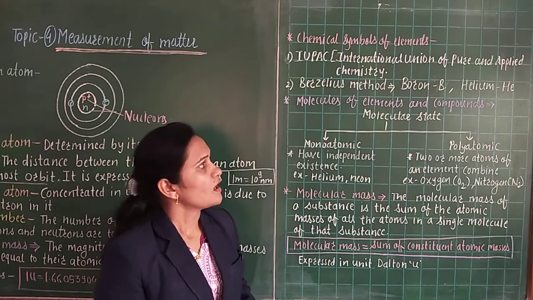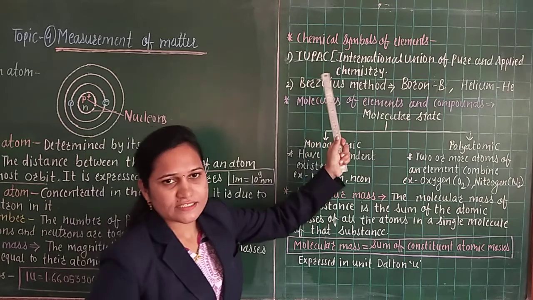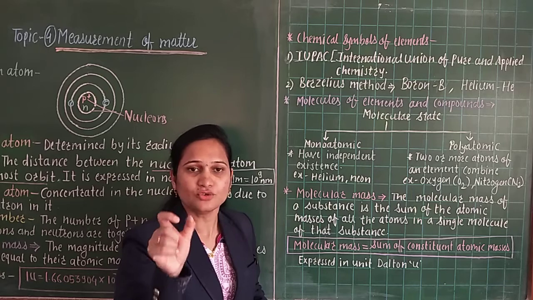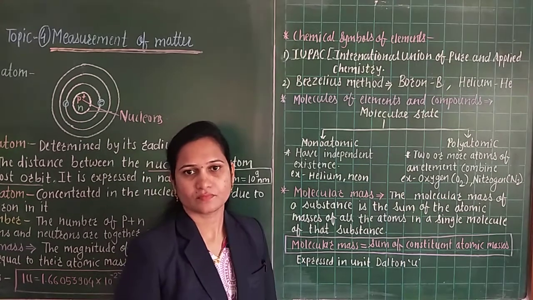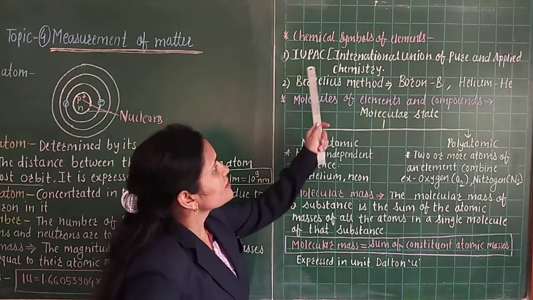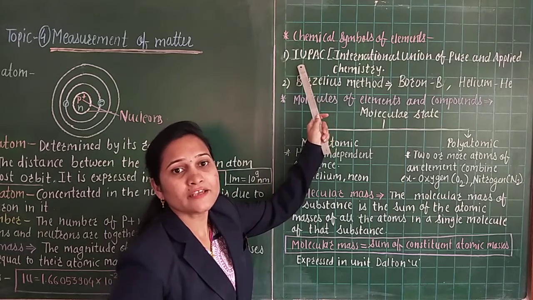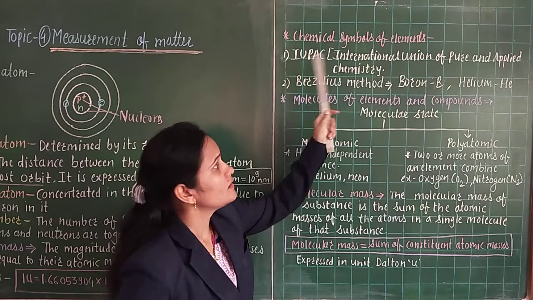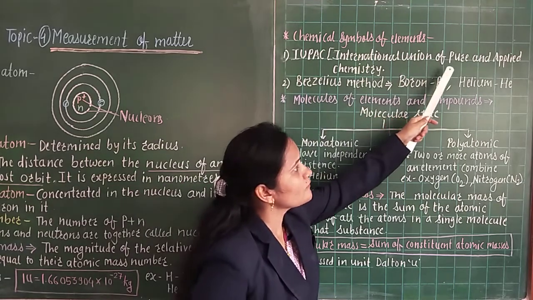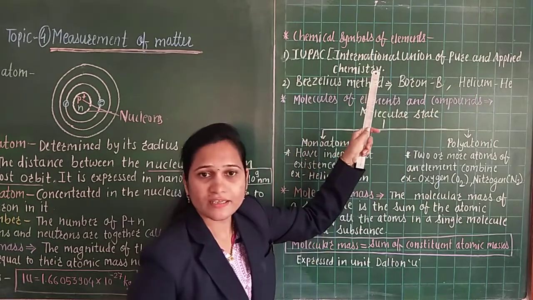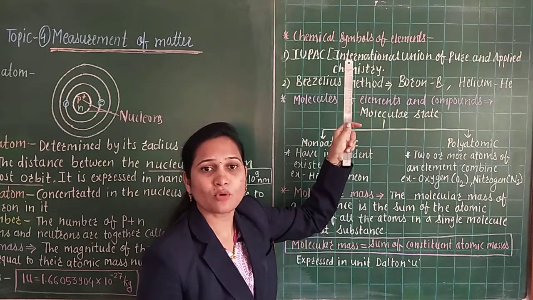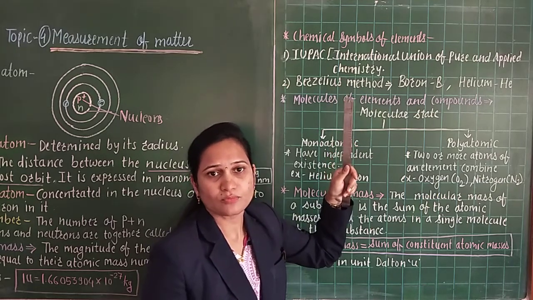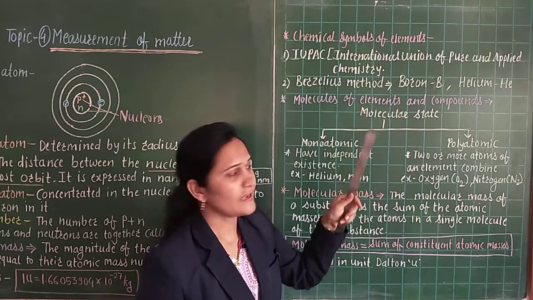In olden days, some signs were used at that time. But today we use symbols determined by the IUPAC. What is the long form of IUPAC? International Union of Pure and Applied Chemistry. So whatever symbols are determined by the IUPAC, we use to write the symbols of the elements.